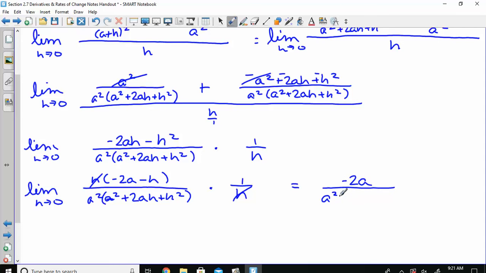So now if you plug in a 0 for all of your h's, on top we just have a negative 2a. On the bottom I have a squared times a squared. So if you reduce, you get negative 2 over a to the third.